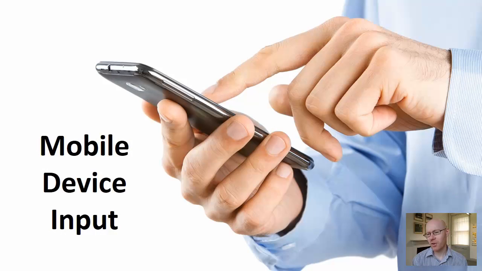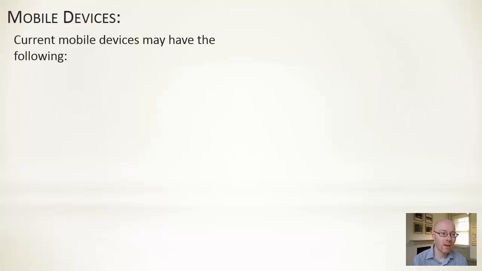Now, we're concerned with the mundane or usual mobile devices and the types of input that they provide. So let's focus in on those devices in particular. Current mobile devices obviously provide a touch interface.